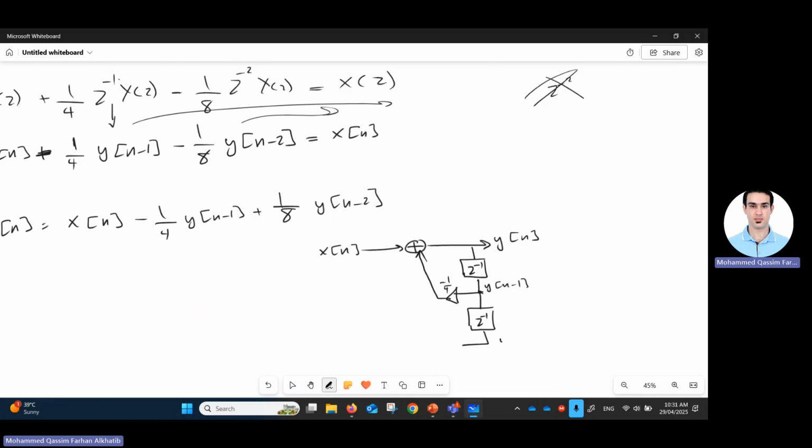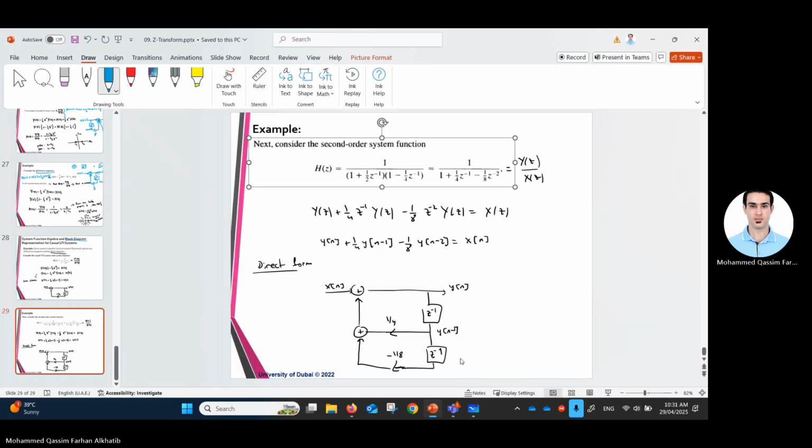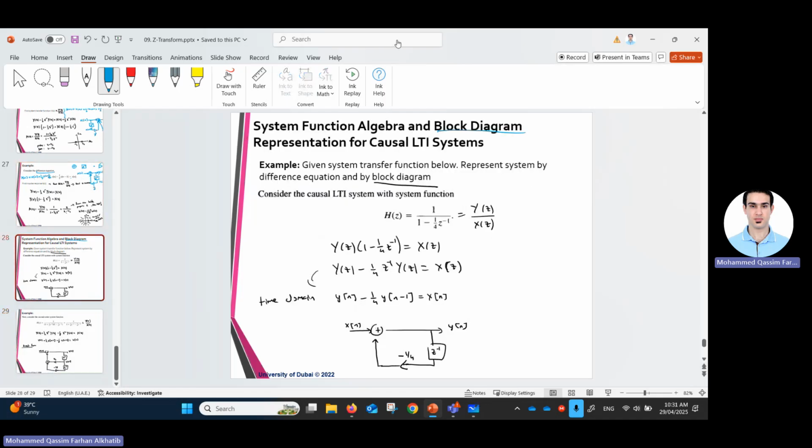So in this case, we have y of n minus 2, scale it by 1 over 8, and you put it at the summation. And that's going to be the final answer in this question, the block diagram for this difference equation. Okay, you can have another summer here or immediately put it at that other point here. And that's it for this lecture.